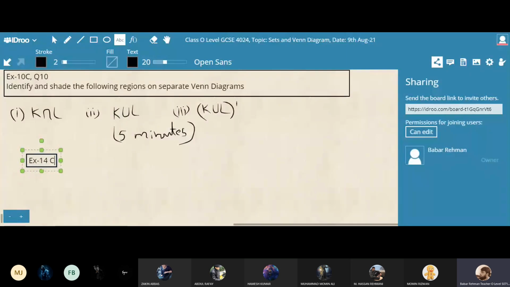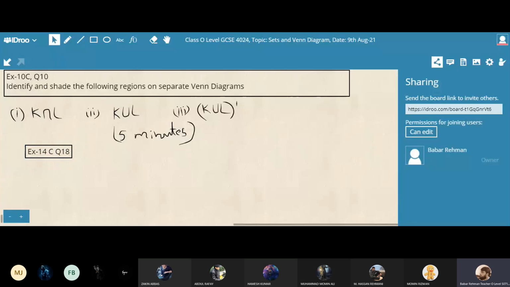Question 18. Students, in this case, many questions are given to you. A lot of practice is there. Question number 18, A union B whole complement. I am writing one by one. Part 1, A union B whole complement.